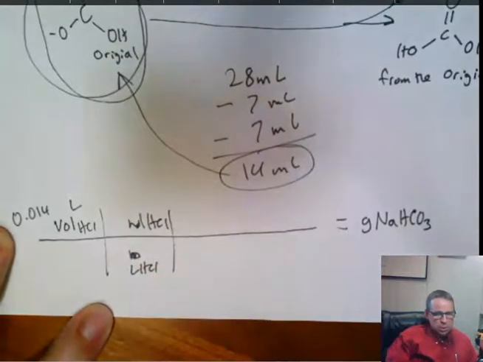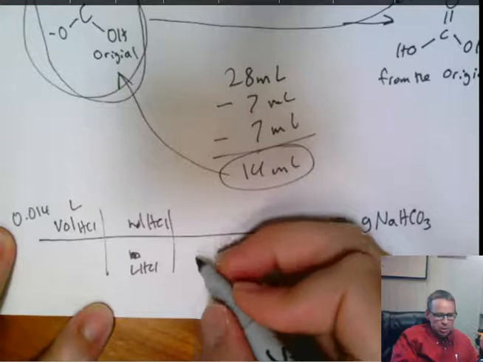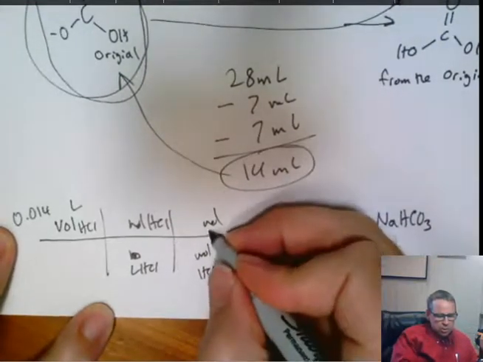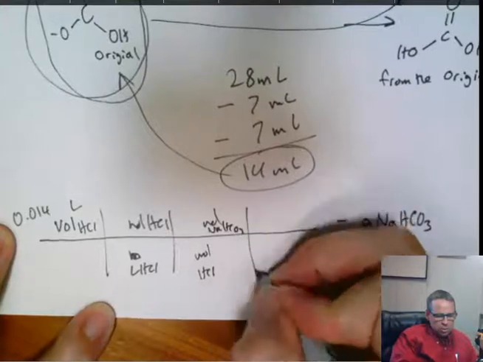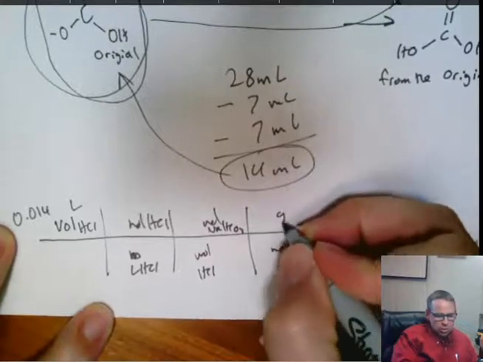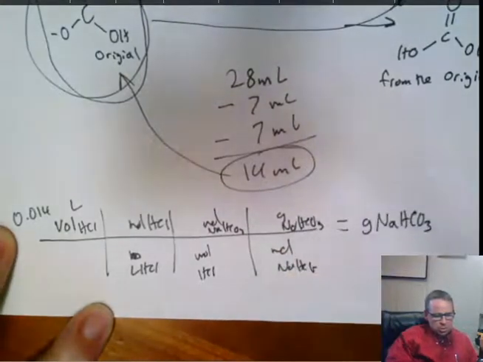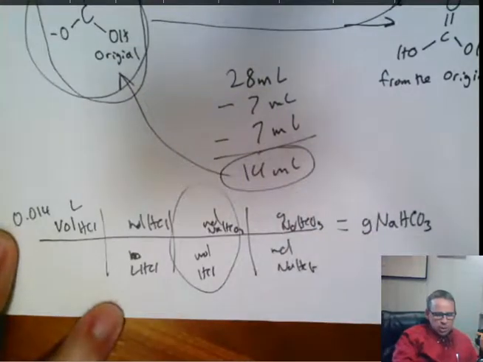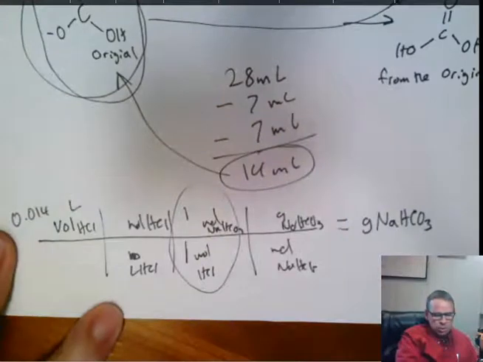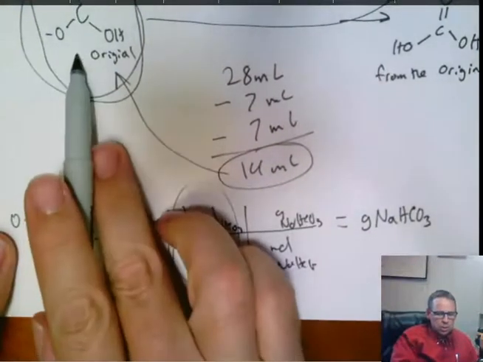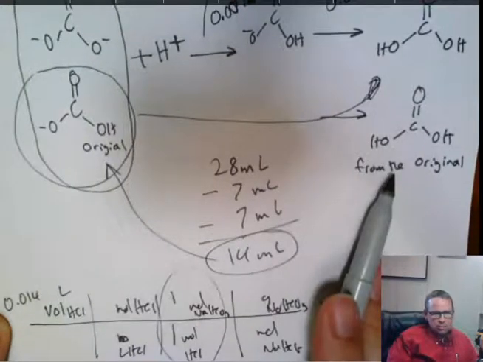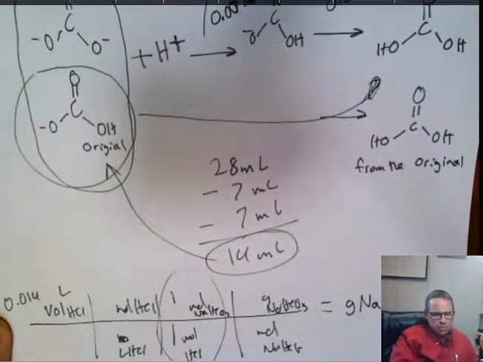That's your hydrogen chloride's molarity that you found in part A and B. Moles of HCl to moles of NaHCO3, and then moles of NaHCO3 to grams of NaHCO3. The molar ratio here, because we're subtracting the amount necessary for those two, it's going to be back to a 1-to-1 ratio, because all we did is we took the bicarbonate to the carbonic acid. So that's just 1 proton necessary.